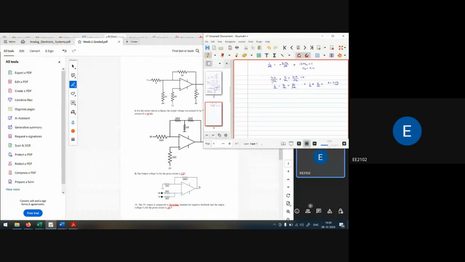The circuit should be... Wait for 1 minute. Yes, sir.